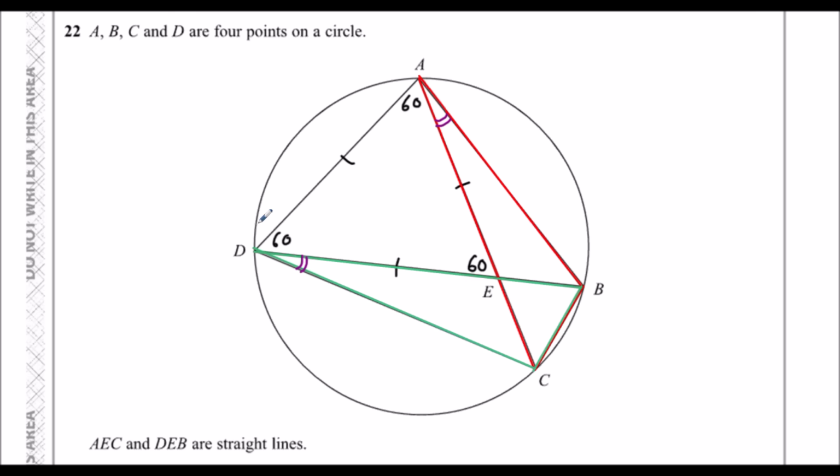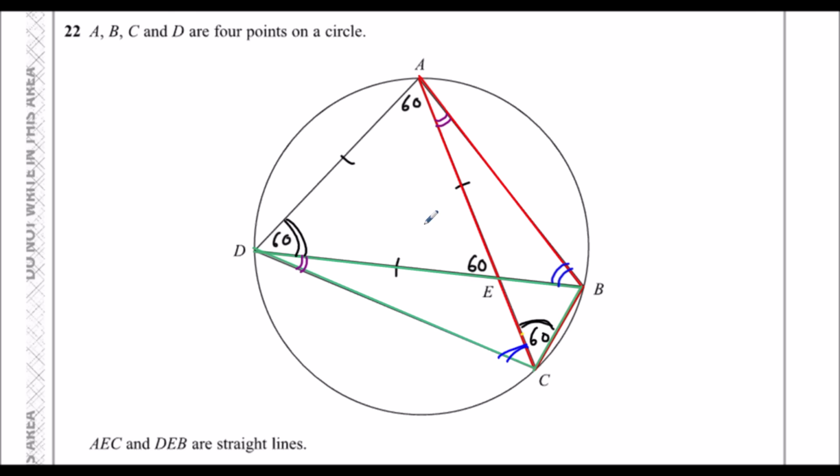So this one and this one are in the same segment. Then again, also we could say that this 60-degree angle comes from the points A and B, as does this one here. So that makes this one 60 as well. These two angles are angles in the same segment.